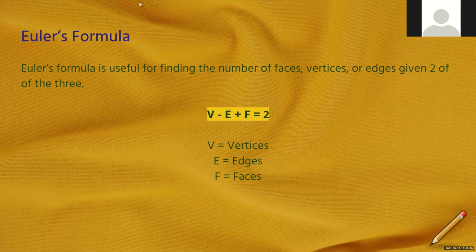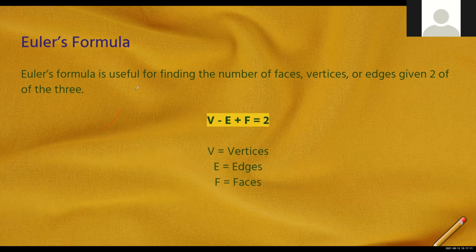This only works for polyhedra, which are 3D shapes where the faces are all polygons. So it won't work for a cylinder or a sphere, because you can't count the total number of edges or vertices.